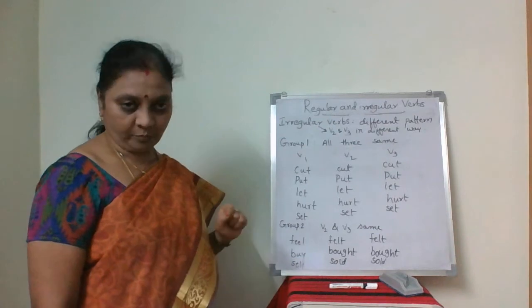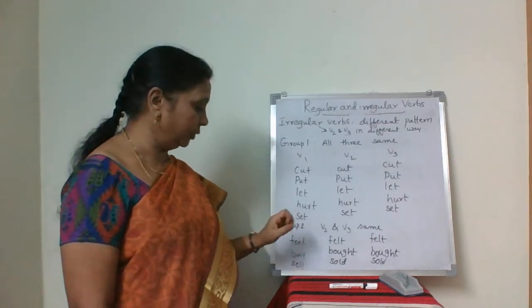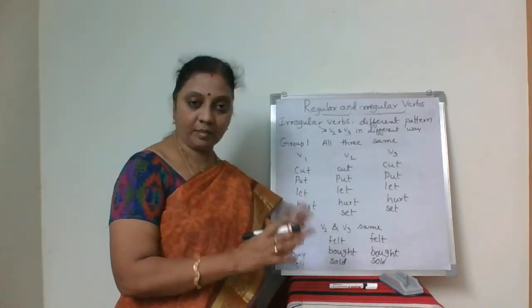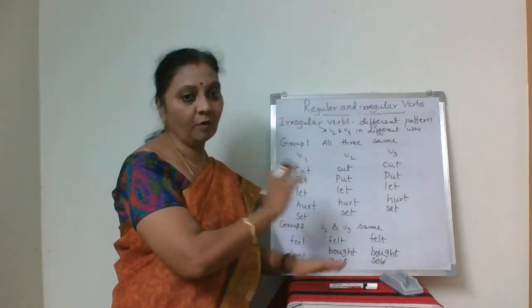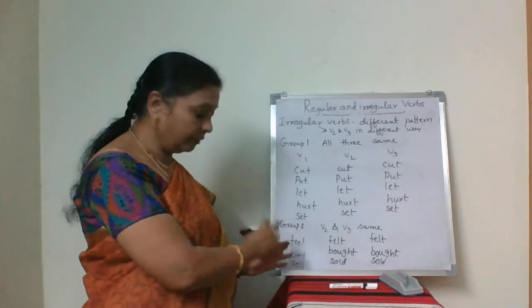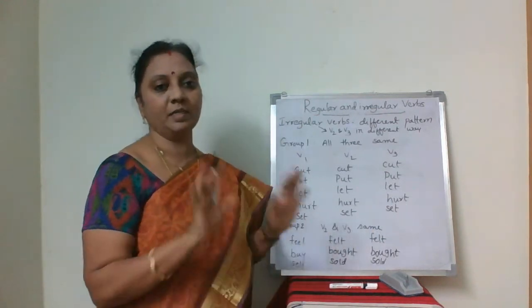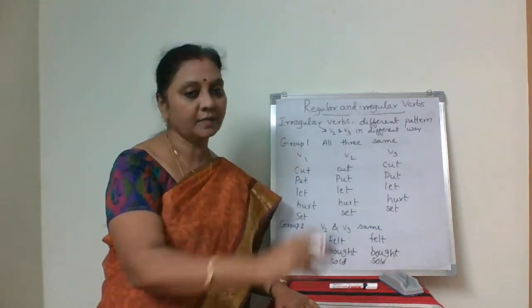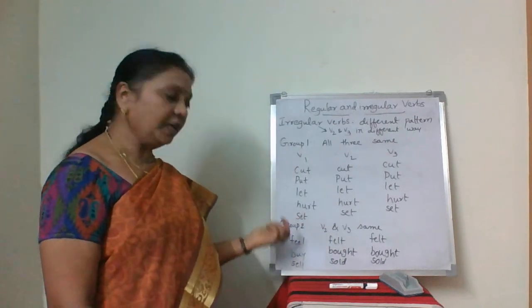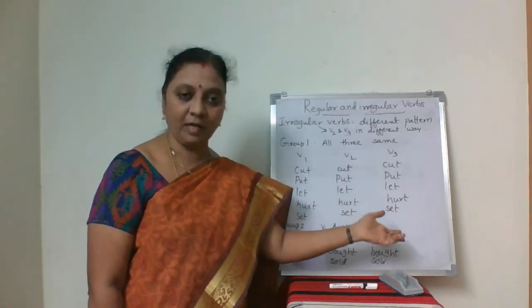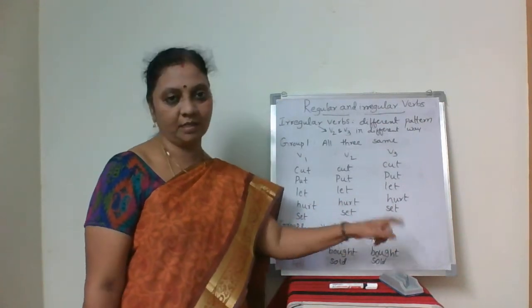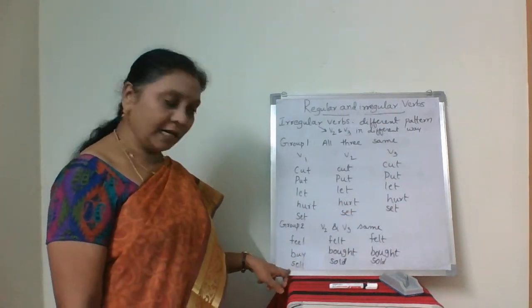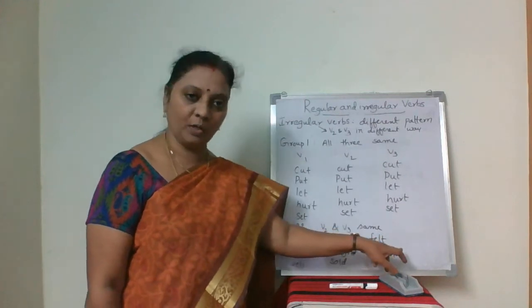Then group 2. What is that? V2 and V3 are the same. The base word is different from them, but V2 and V3 are the same. How? Feel, felt, felt. Buy, bought, bought. Then sell, sold, sold.